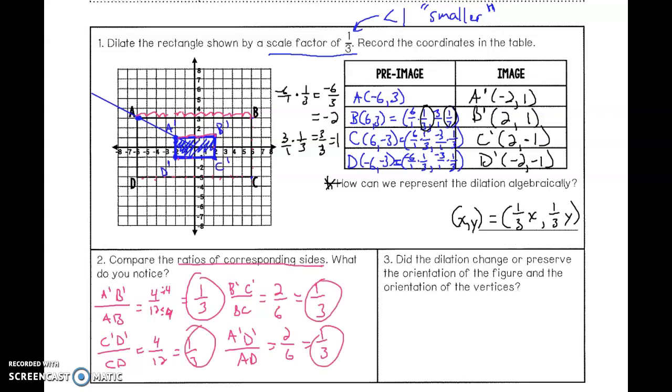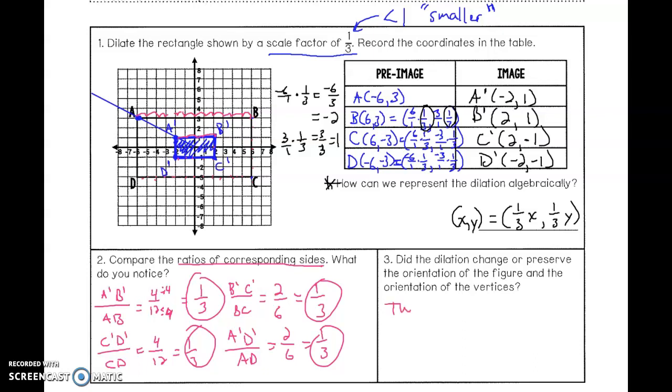Now, did the dilation change or preserve the orientation of the figure? Did this figure turn or face any other direction? No. How about the orientation of the vertices? Well, going clockwise, A, B, C, D, A prime, B prime, C prime, D prime. So did it change or preserve?